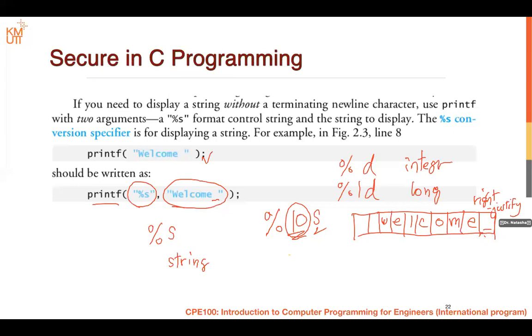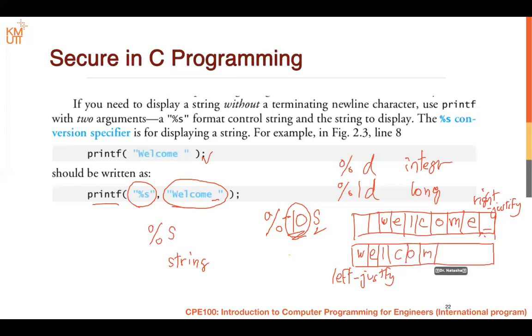Right justify. But if you put minus here, you will get welcome. That is left justify. Welcome, and then blanks, I put blank like this, and then two blank characters.